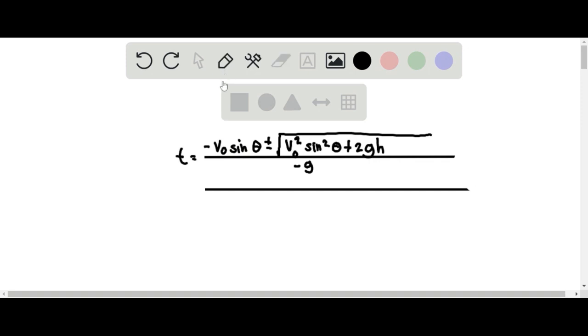Then to continue, we plug in our numbers.